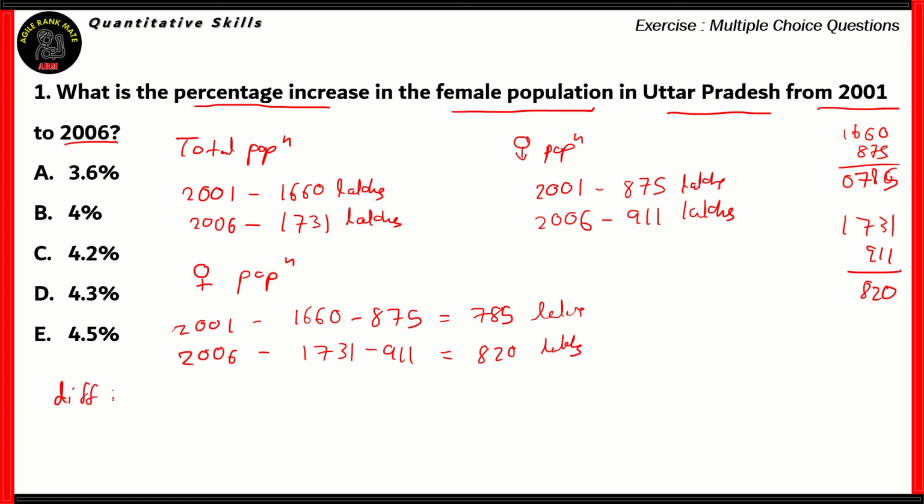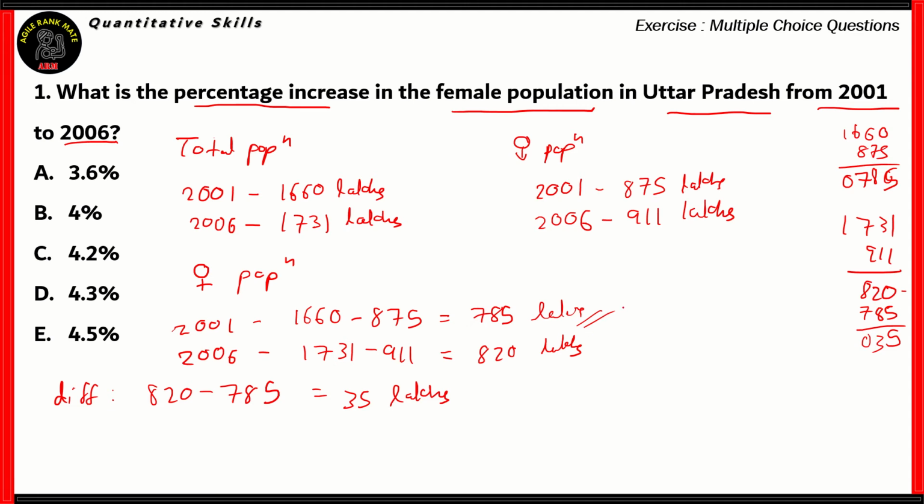The difference of the female population within these 5 years is 820 minus 785, which when you subtract that, 10 minus 5 gives you 5, 11 minus 8 gives you 3, 7 minus 7 is 0, so you get 35 lakhs. So the initial female population was 785 lakhs. The population increased by 35 lakhs throughout 5 years, so that by 2006 you get 820 lakhs of females.